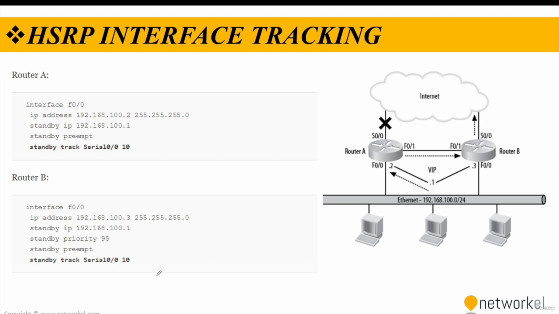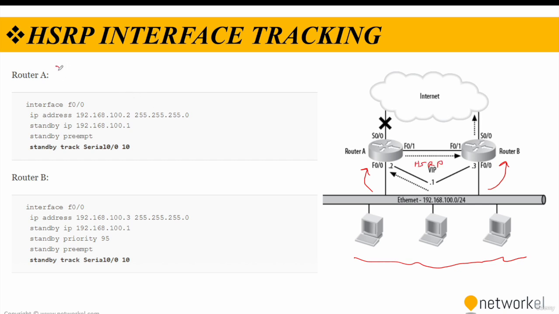Okay, so here is how it is working in reality. If you are seeing this image on the right of the screen, I can see that there is a local area network, and we have our router A and our router B, and they are both running the HSRP protocol. How do I know it?